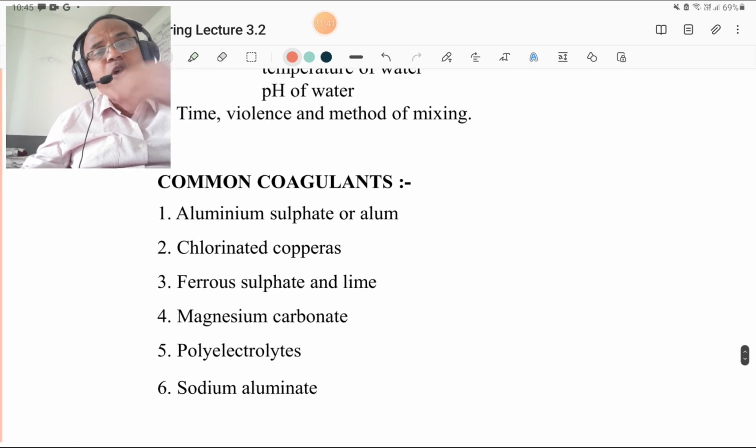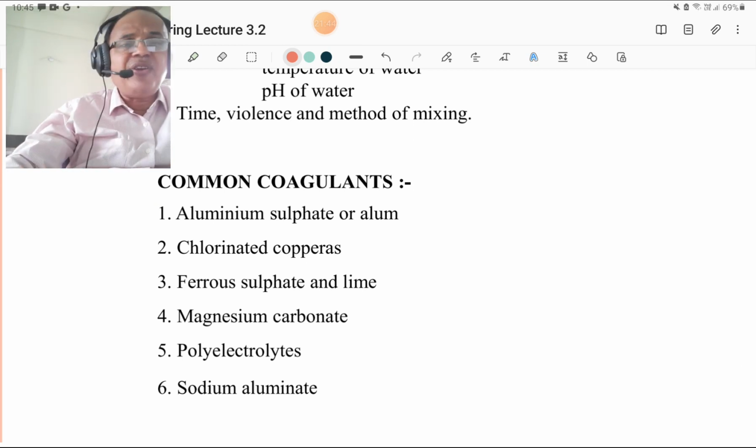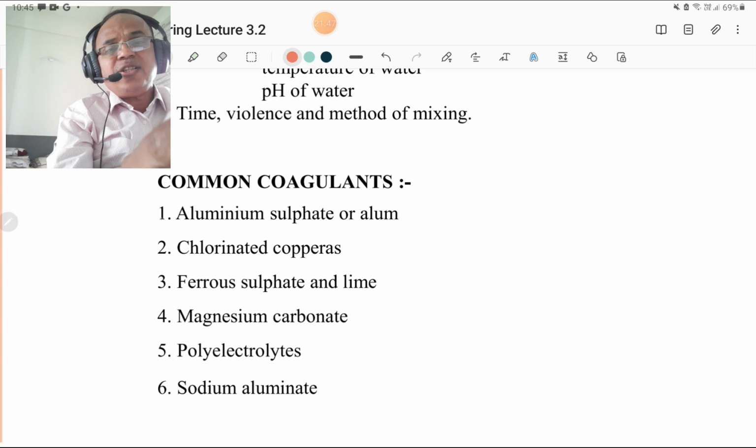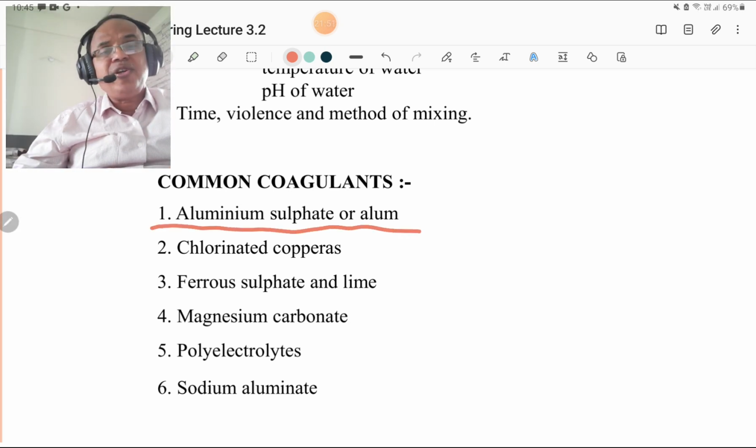Then the common type of coagulant is aluminum sulfate or alum. It is very favorite. In Marathi it is called tURI. It is a very effective coagulant. Second are chlorinated copperas. Third is ferrous sulfate or lime. Then magnesium carbonate is also used. Then polyelectrolytes are also used, and sodium aluminate is also used.